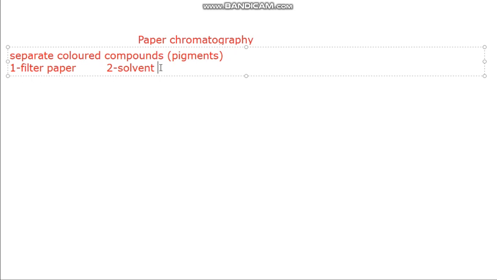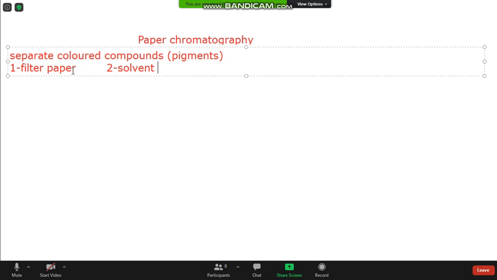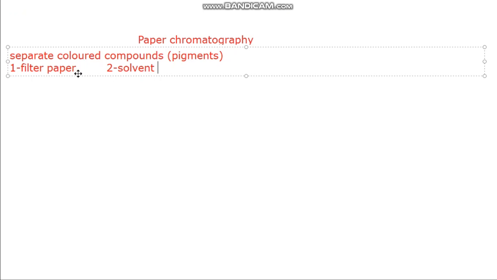The first factor is the amount of attraction between the pigment and the filter paper, or the amount of dissolving of the pigment inside the solvent. Okay, fine. What are the steps of chromatography? We will talk.